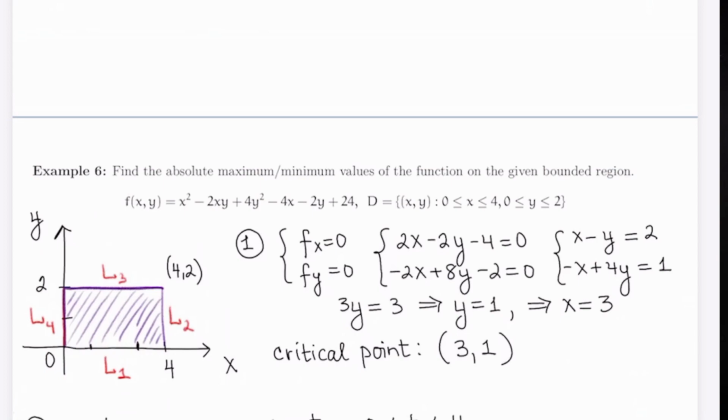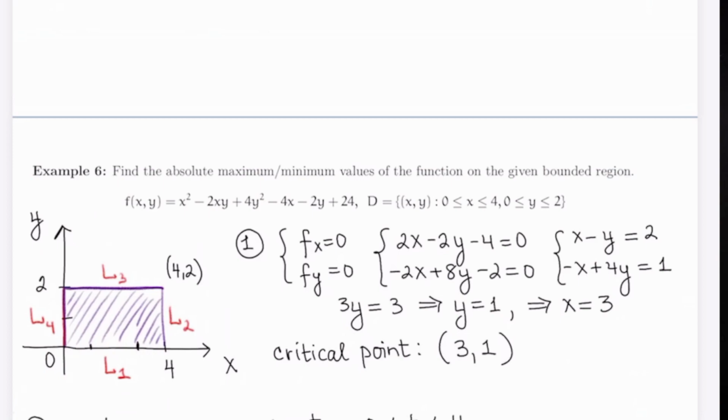So this picture right here on the left is just the representation of our region D. x is between 0 and 4, y is between 0 and 2. So we would like to look at the behavior of our function over this rectangle, right? So on the interior part and also on the boundary of the rectangle.